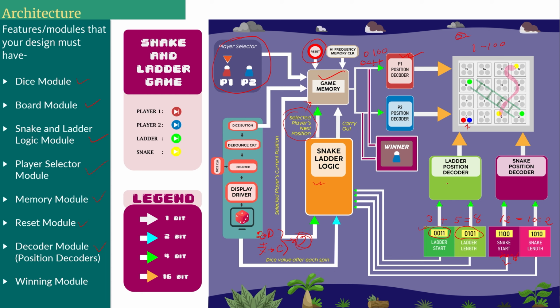Similarly, all of the LEDs you need to light up using a decoder. You would learn about this in detail a bit later. And also the winning module. The winning module signals if one of the players reaches the end position. We have a total of 16 blocks, from 0 to 15. So if any player reaches position 15, then he will win.